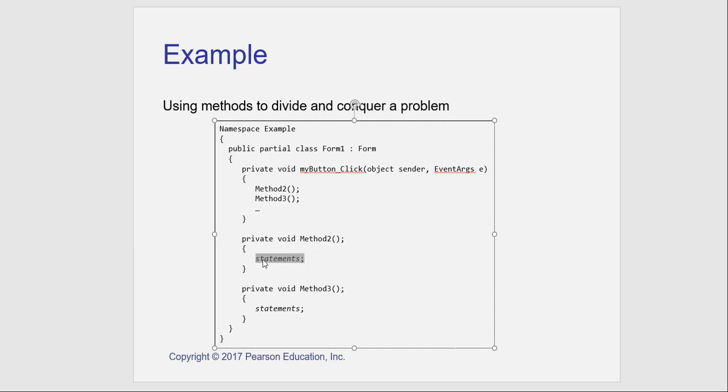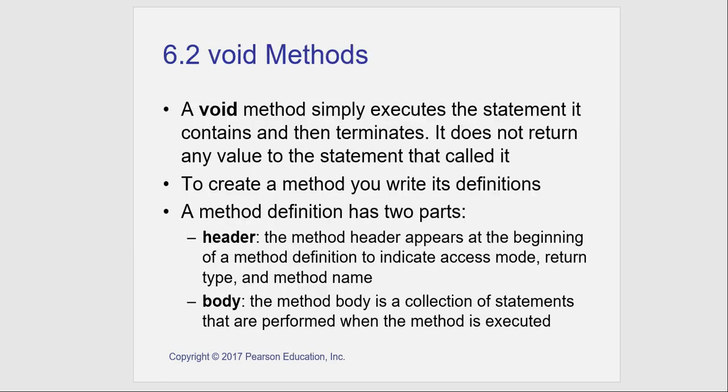There might be 10 or 20 statements in that block of code. The method we just looked at is called a void method, void meaning nothing, so it doesn't return anything back to the calling block that initiated it. On the other hand, we've got a value return method, which we'll look at next.